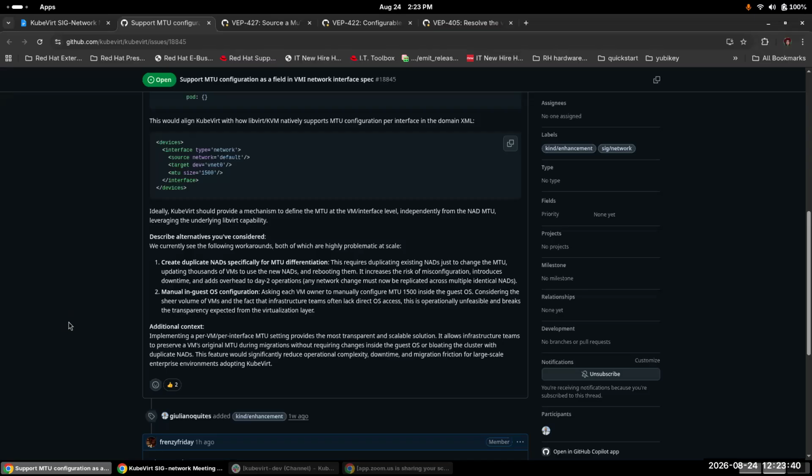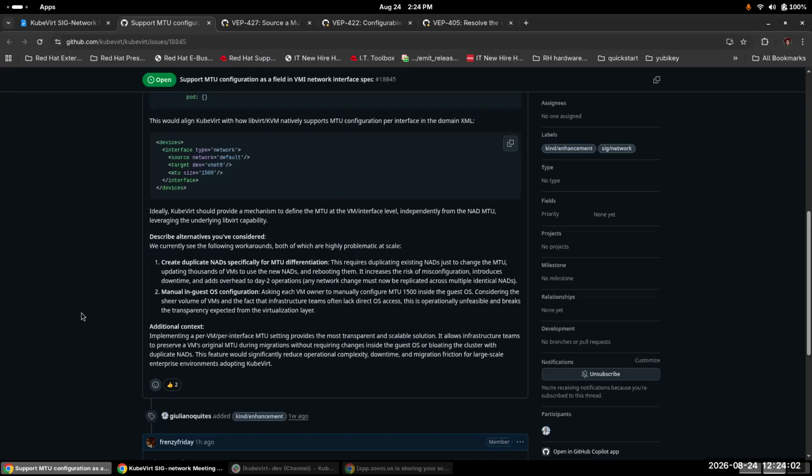And then they will have to play with the NADs and manage them, and they have multiple VLANs, so each NAD also has VLANs. So from their perspective, they have an issue with this management thing. It's not only about the MTU. MTU is like the end story, I guess.